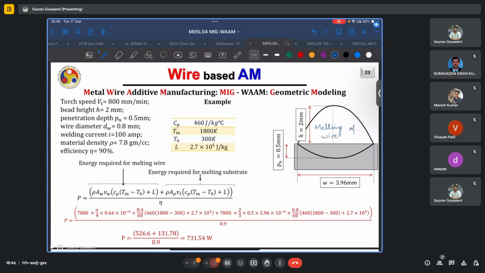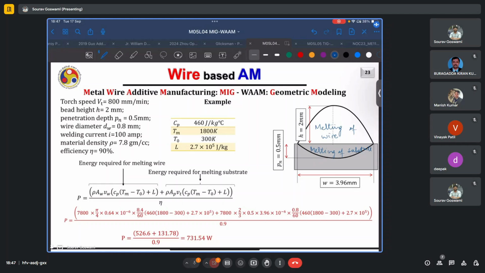The second transaction is the melting of substrate. So the final power calculation is also divided into say these two phenomena.